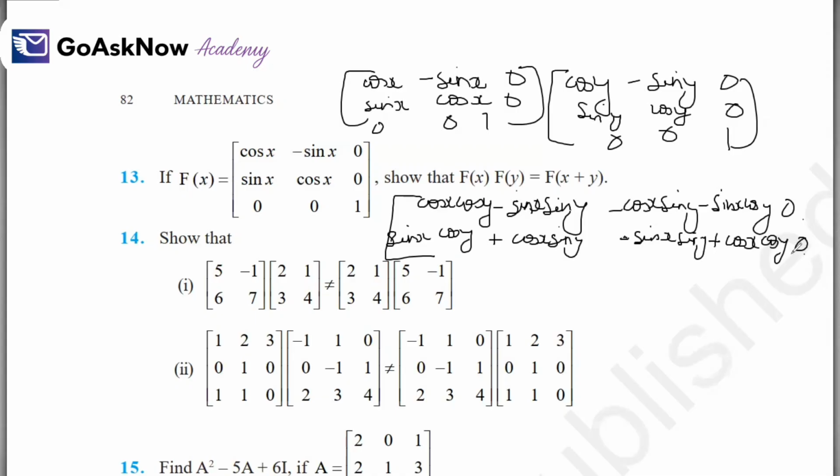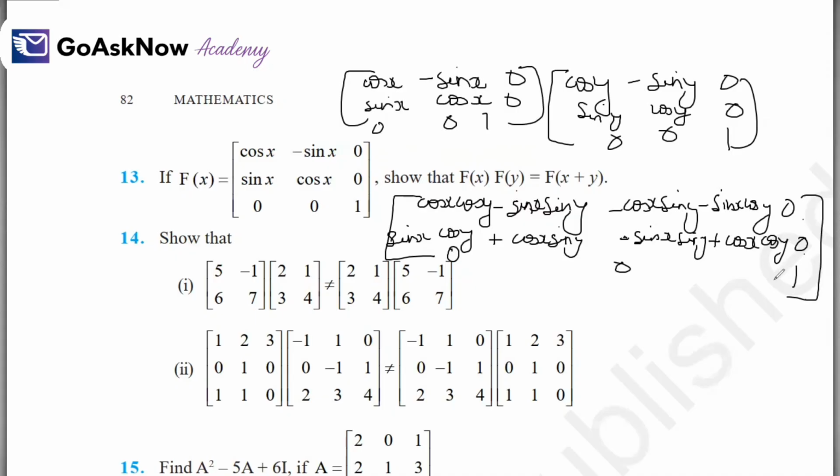So these are the elements for the second row. And for the third row, you get 0, 0, 1. So you will get 0 here, 0 here and 1 here. So this is your fx into fy.